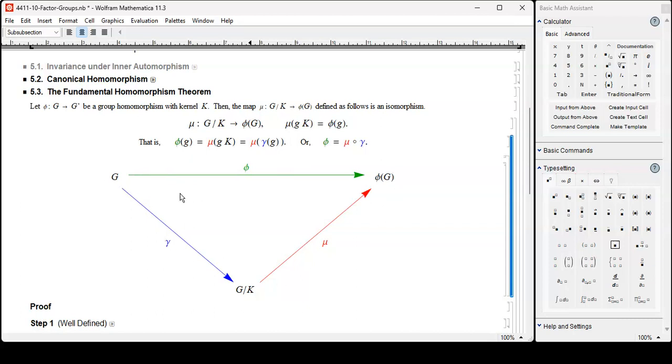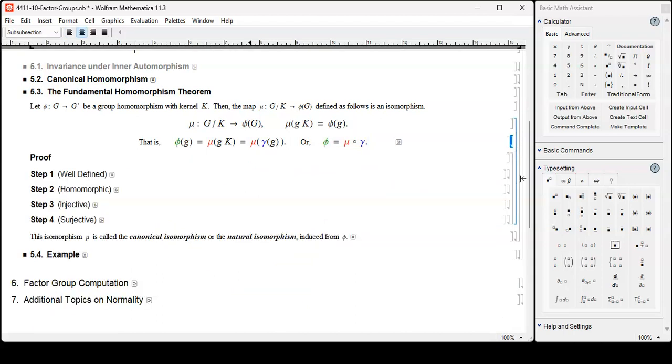Blue and then red is the same as green, or green is red composition blue. Here, gamma is the canonical homomorphism, and mu is the canonical isomorphism. And this one is an arbitrary homomorphism from G to G prime. Okay, alright. That's the graphical explanation.